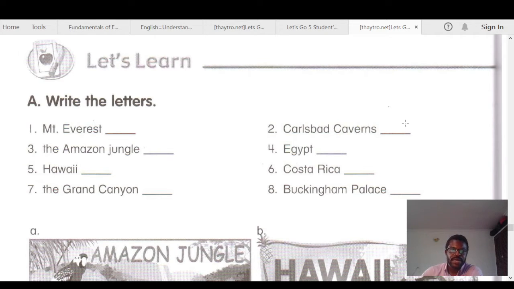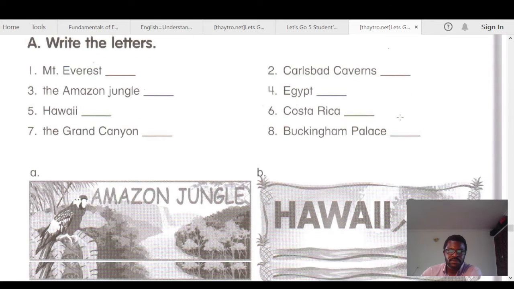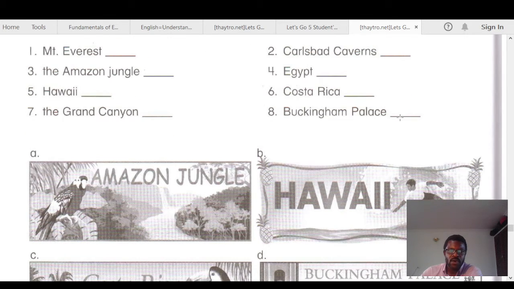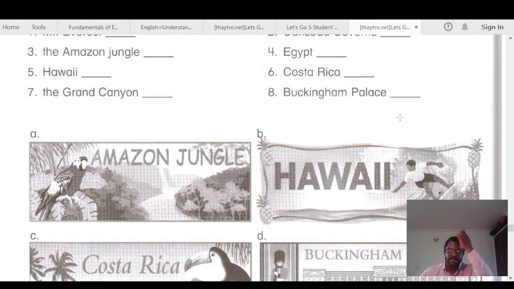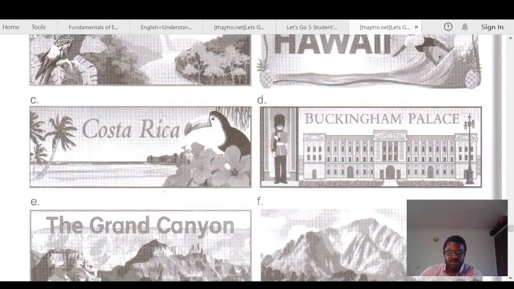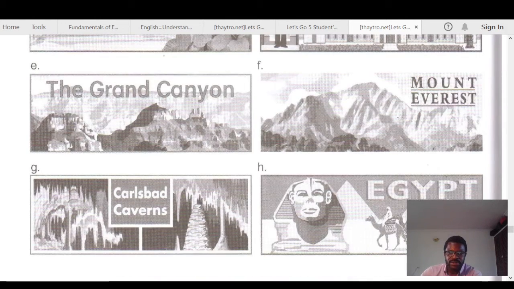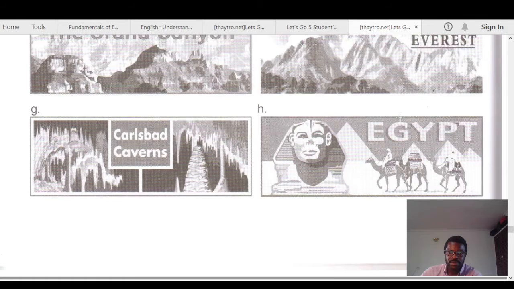So as you can see, write the letters: Mount Everest, the Amazon jungle, Hawaii, the Grand Canyon. So all these, you're going to take care of all these. They're talking about locations, places that people have been to. Okay?